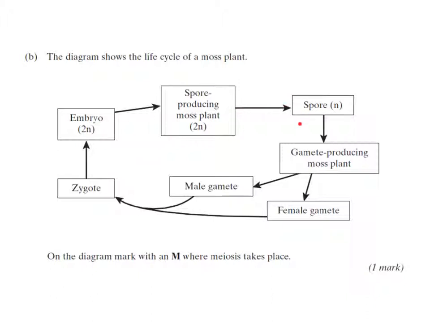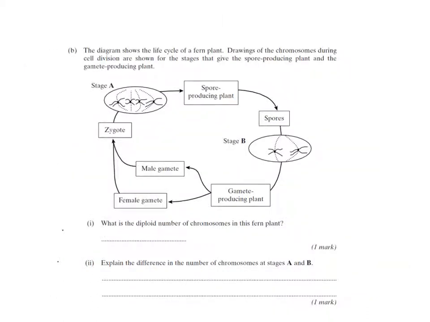Here we get a spore, which it says it's N, that tells me it's haploid. So that tells me that from here to here, meiosis must have taken place. On the diagram, mark with an M where meiosis takes place. M.